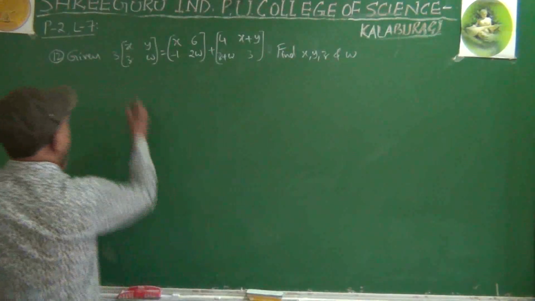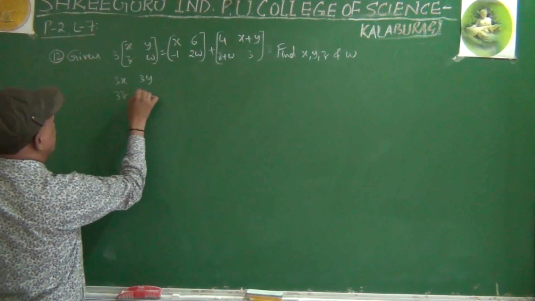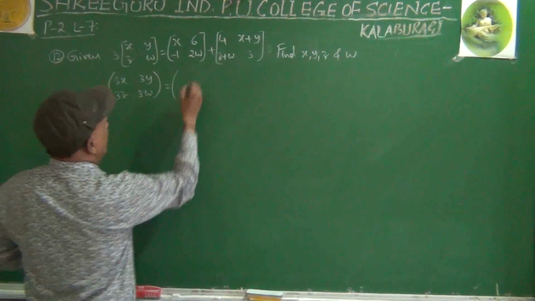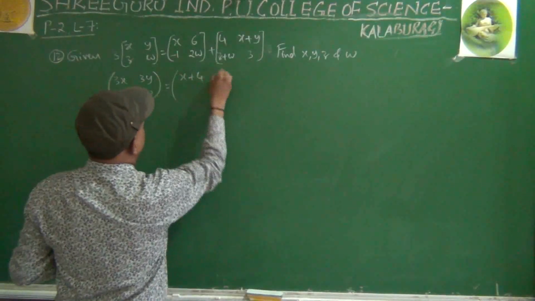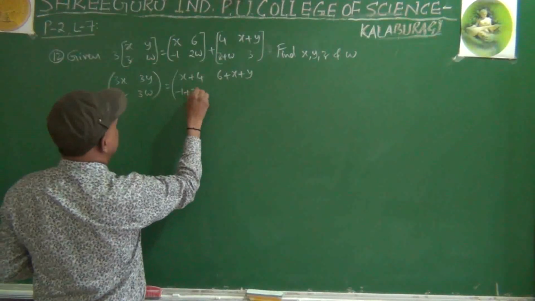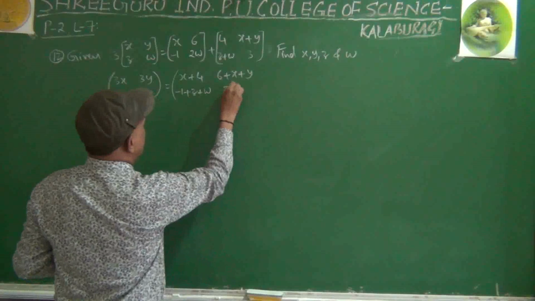Same method. 3x, 3y, 3z, 3w equals adding the matrices: x plus 4, 6 plus x plus y, minus 1 plus z plus w, 2w plus 3.